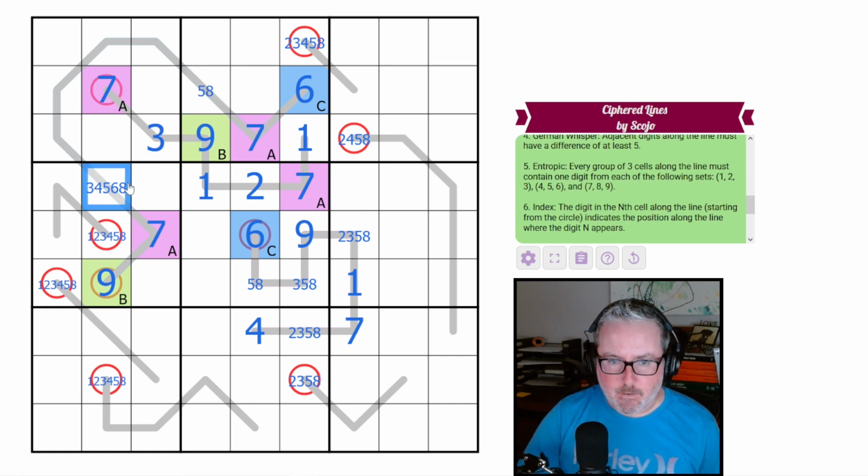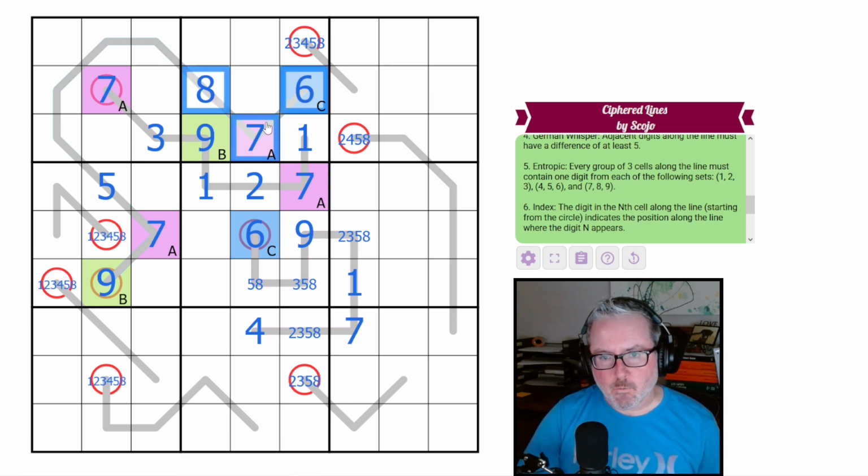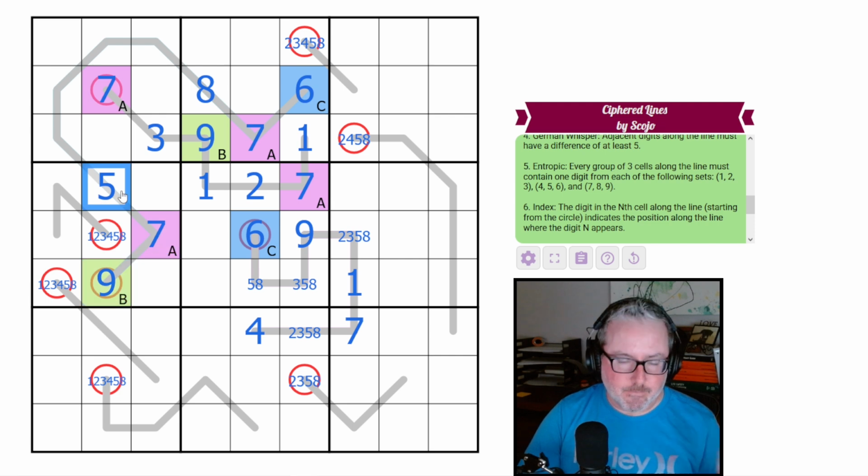We can't put a 5 there. So this is an 8. If this is an 8, well, it actually gives us a 21. If this is an 8, this has to be 5 because they have to be 3 greater. Okay. So it turned out these were the max that these could be, which is 8, 7, 6, which is 21. These are 9, 7, which was 16, and the 5 is what worked. So none of these are 5s.